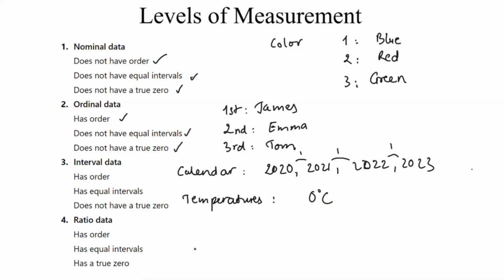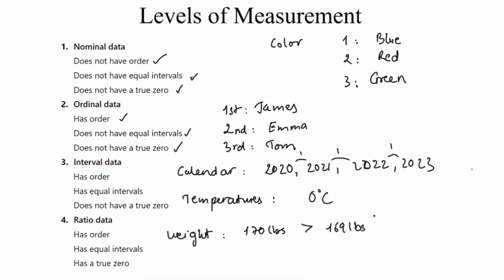Next one, we're going to go to ratio data. Ratio data has order. For example, weight of a human. It has order because, for example, 170 pounds is more than 169 pounds, right? You can compare the value of it. You can compare the data together. So it has order.